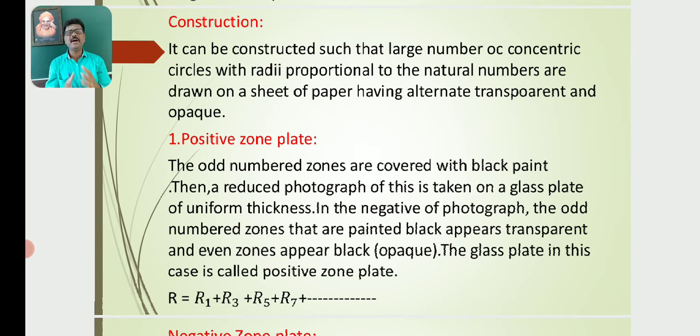So again we have two types of zone plates based on the alternating transparent and opaque zones.